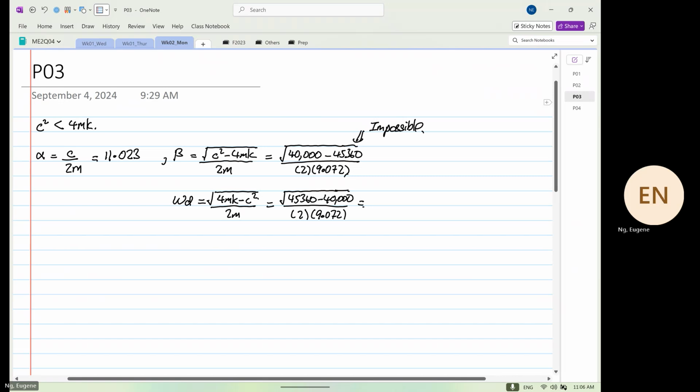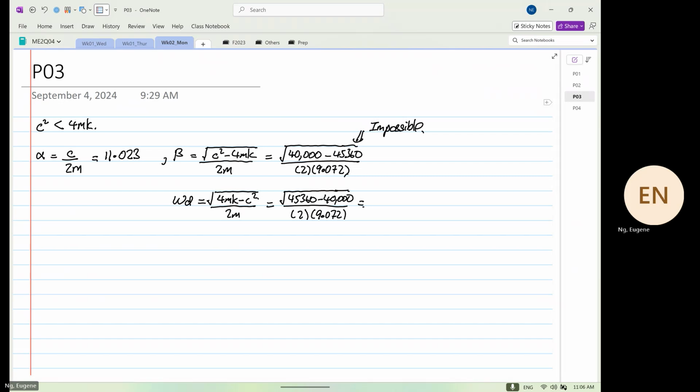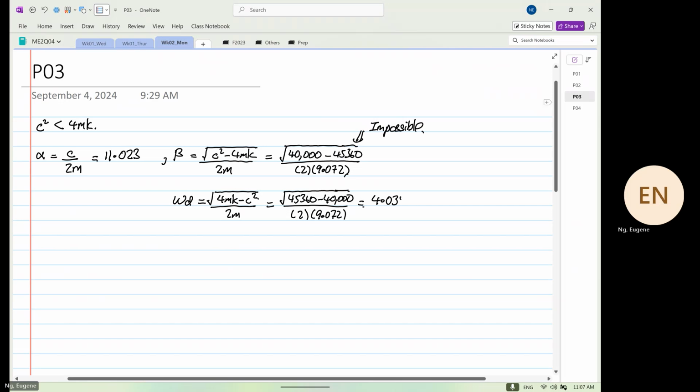So now you get a damped natural frequency of 4.035 radians per second. So this is what we call omega d, which is your damped natural frequency.